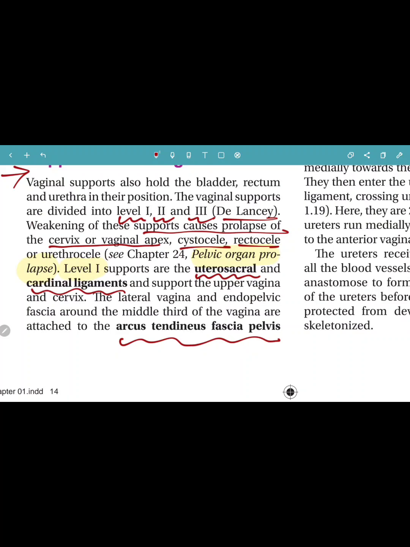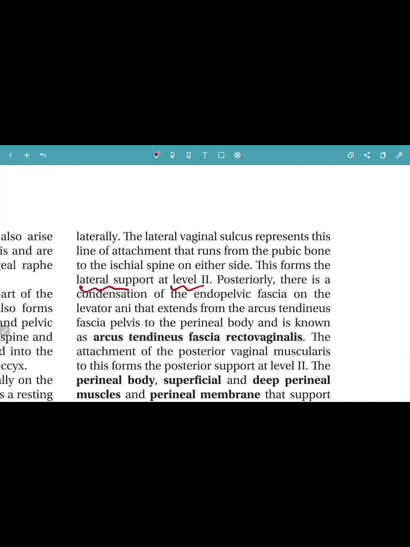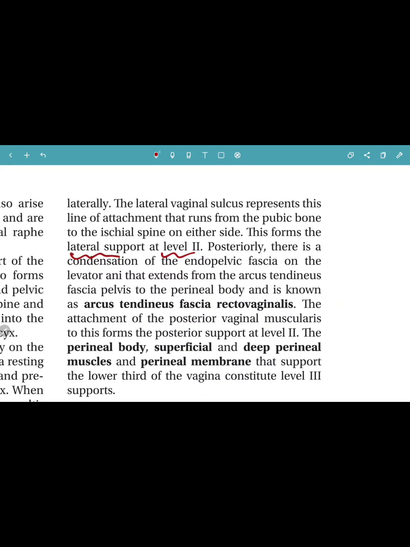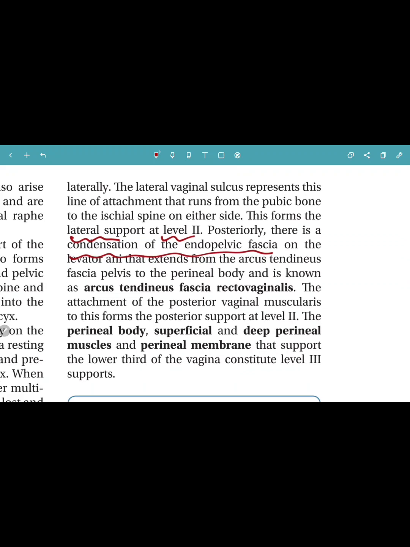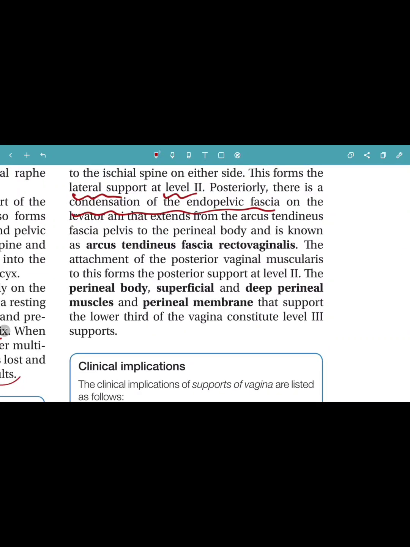So the level 2 lateral support is your endopelvic fascia attached to your arcus tendineus fascia pelvis. Posteriorly there is a condensation of the endopelvic fascia on the levator ani that extends from the arcus tendineus fascia pelvis to the perineal body and is known as arcus tendineus fascia rectovaginalis.